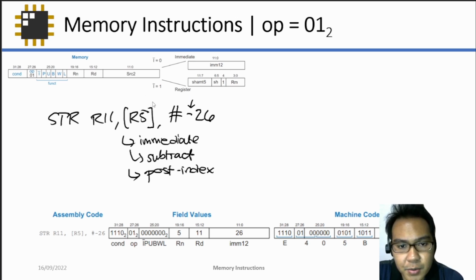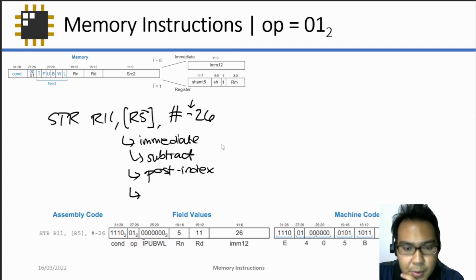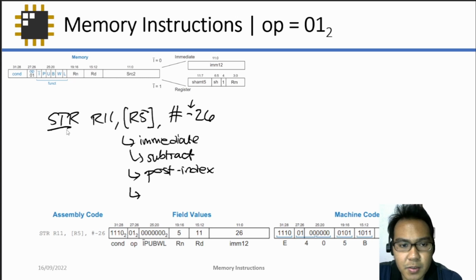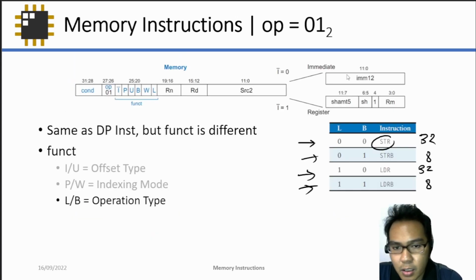So the bracket is only on the base register and the offset is outside the bracket. So that's post indexing. What else? What's the missing thing? Oh, it's okay. So since it's a store instruction, L and B are 0 0.